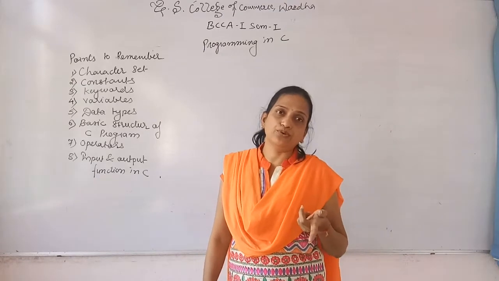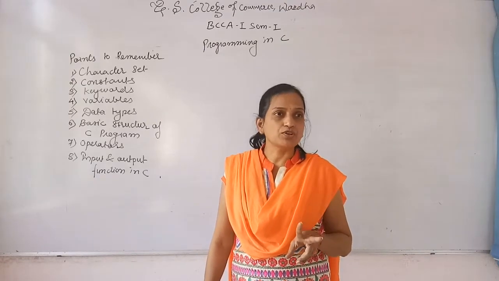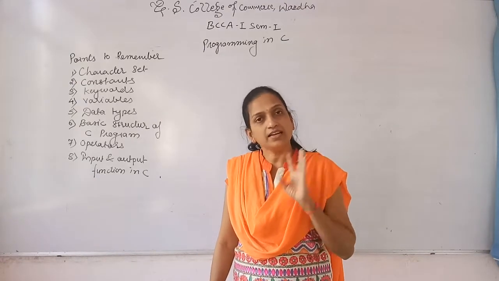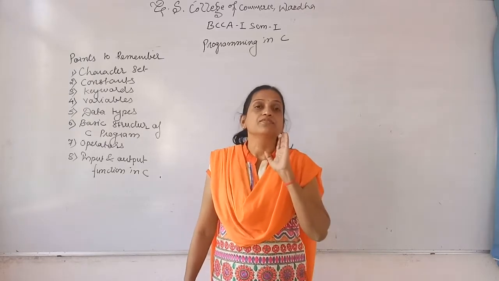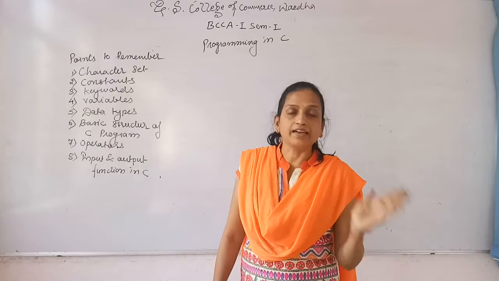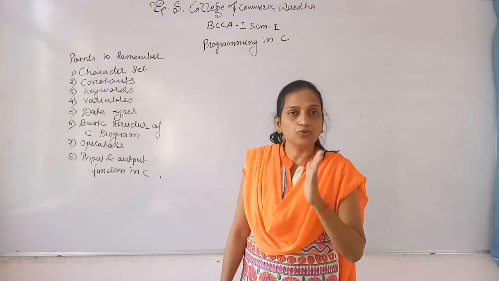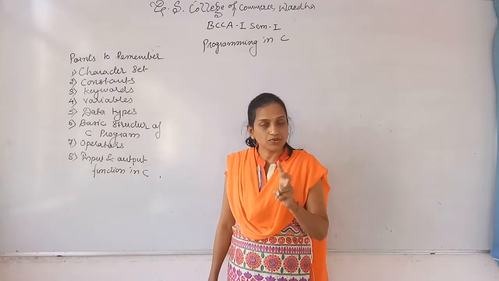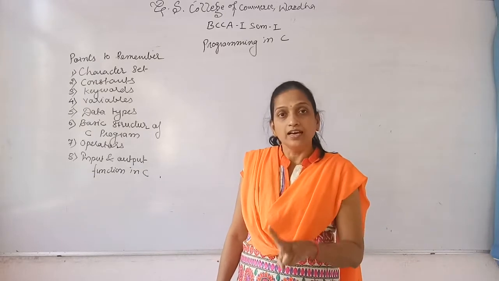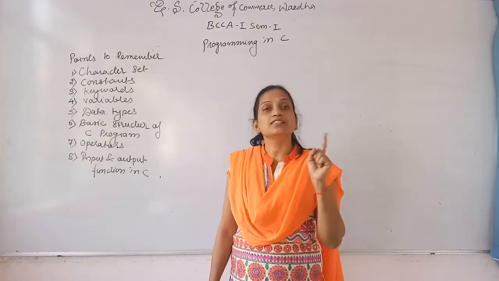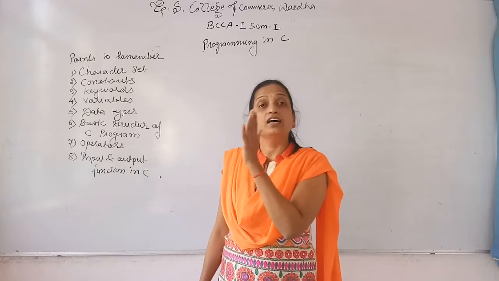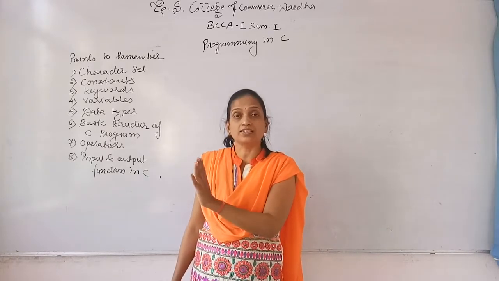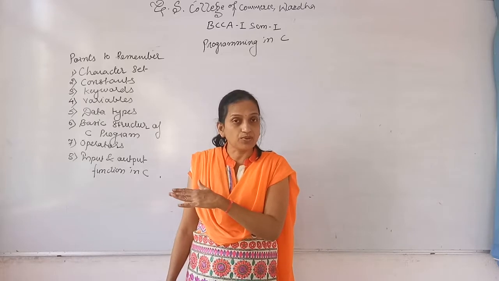Then the next is constants. I already told you there are basically 2 types of constants: numeric constants and character constants. In numeric constants we have 2 types, integer constants and real constants. Integer constants are numbers which do not contain any decimal point, whereas a real constant is a decimal point value.